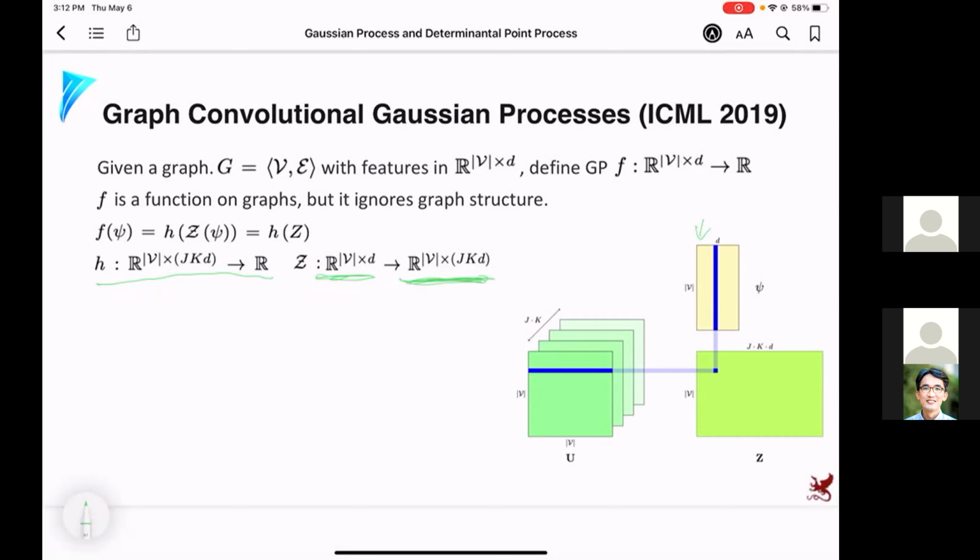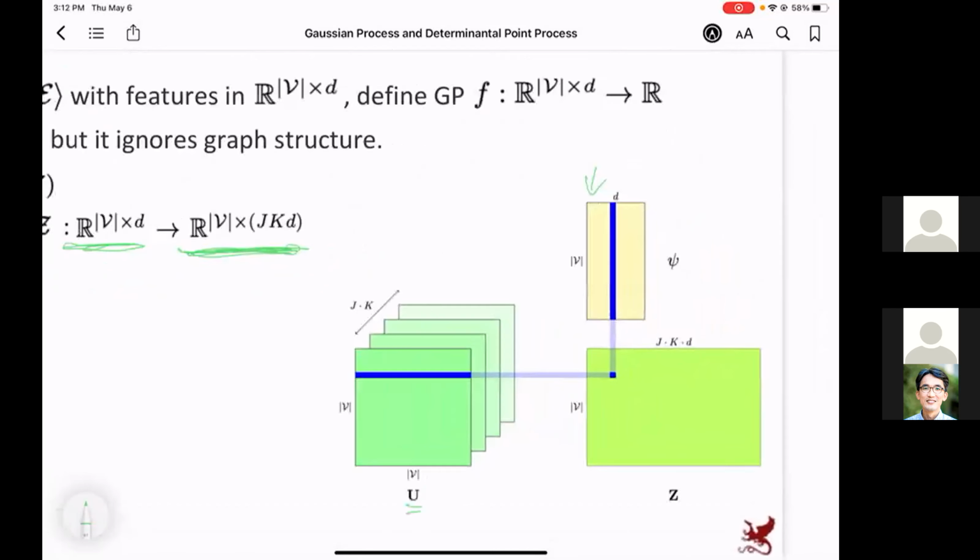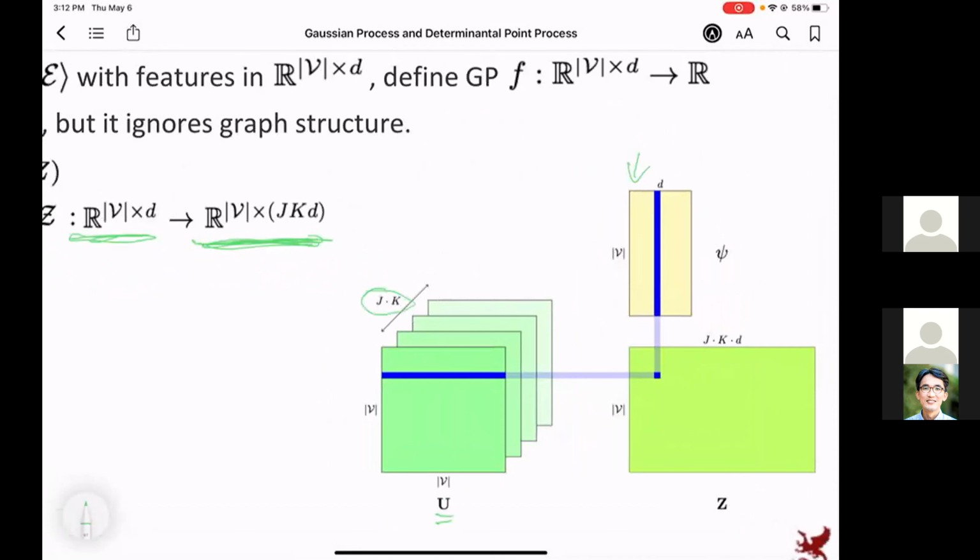And then I will come up with this U matrix. For each set of hyperparameters, where J and K describe how many hyperparameters you have, we think of this U as a function. You can think of it as a kernel function, actually.